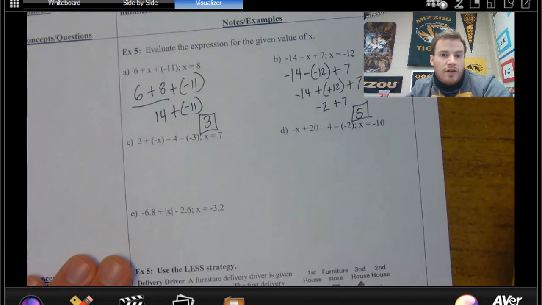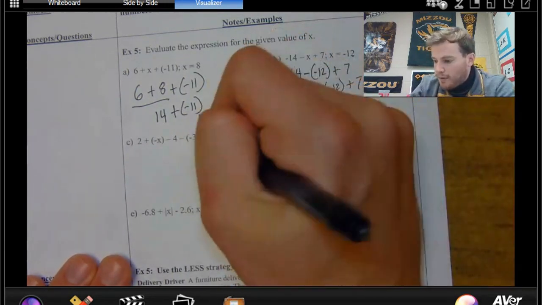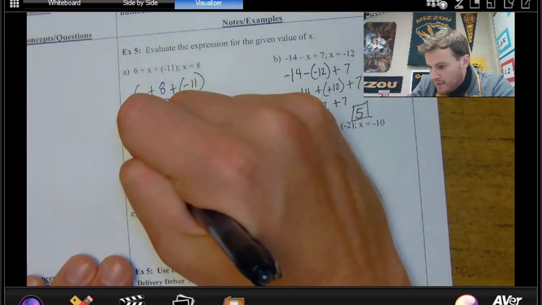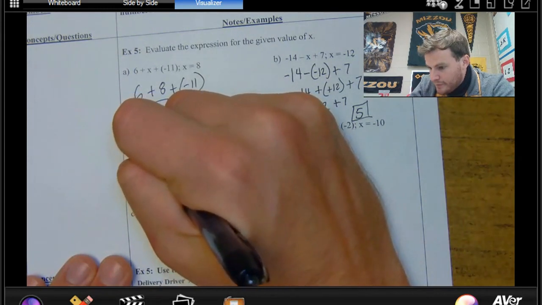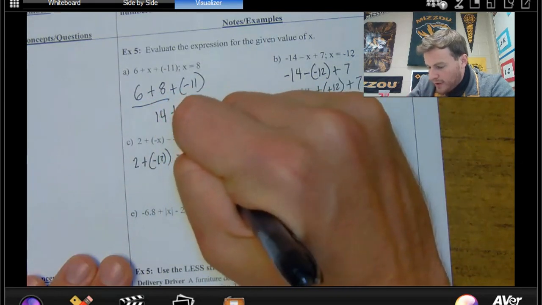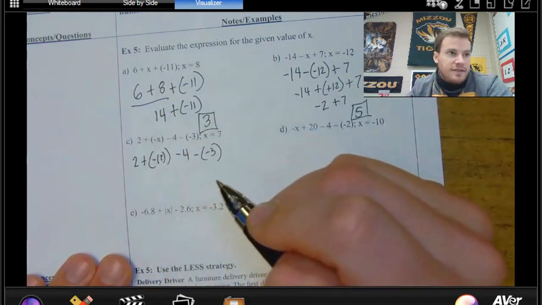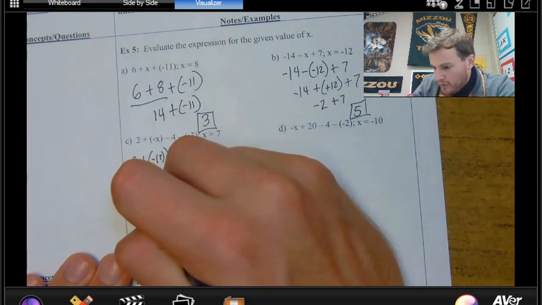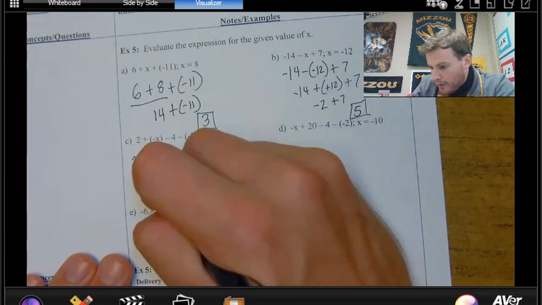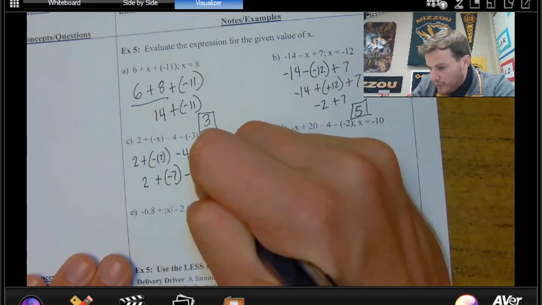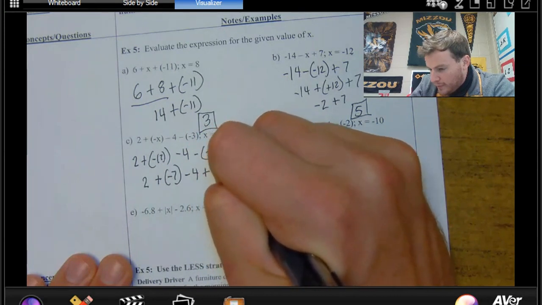I'm going to have you look at letter C. You're going to plug in that 7 in there. So it's 2 plus a negative 7 minus 4 minus a negative 3. That negative gets carried to that 7, so in reality this becomes a negative 7. So it's 2 plus a negative 7, minus 4, minus negative becomes plus a positive 3.